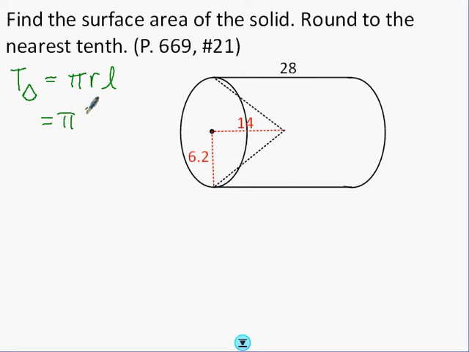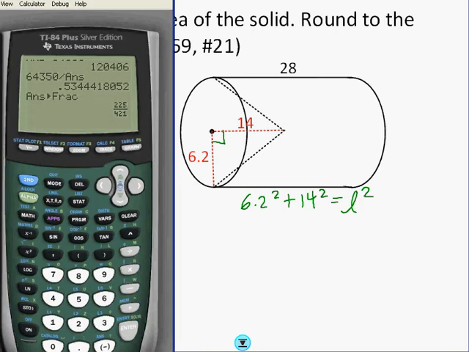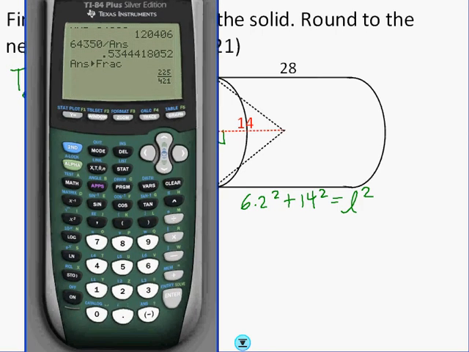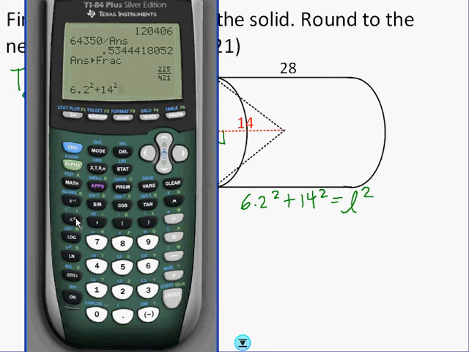Pi, the radius is 6.2, and the slant height. Oh, well, we're going to have to use the Pythagorean theorem to find that. 6.2 squared plus 14 squared equals my slant height squared. Let's get out the calculator. 6.2 squared plus 14 squared equals that.